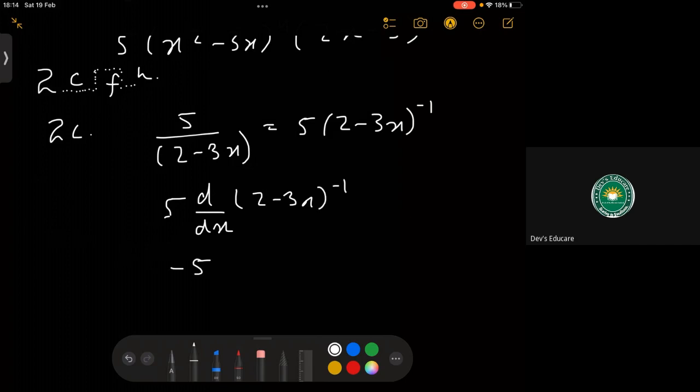Then minus 2 (2 minus 3x) to the power minus 2 into derivative of 2 minus 3x.